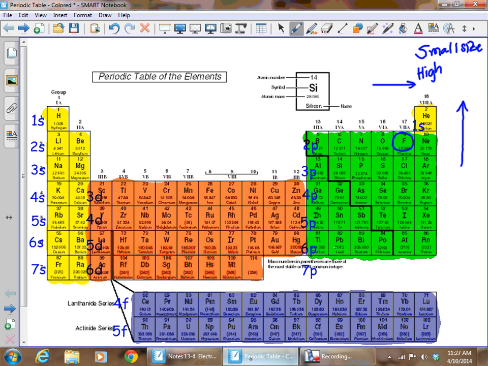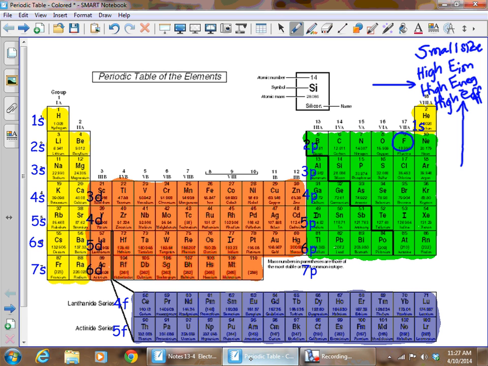It's going to have a high ionization energy, a high electronegativity, and a high, more negative, higher energy given off value for electron affinity. So that's our small size but high energy corner of the periodic table.